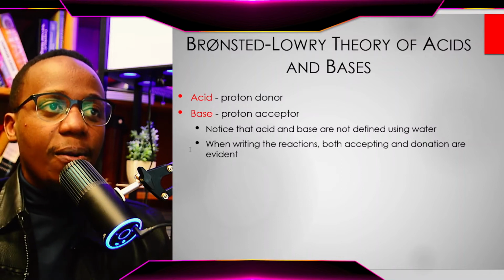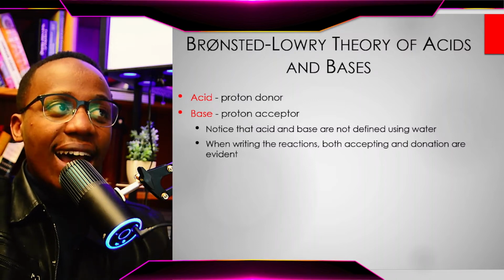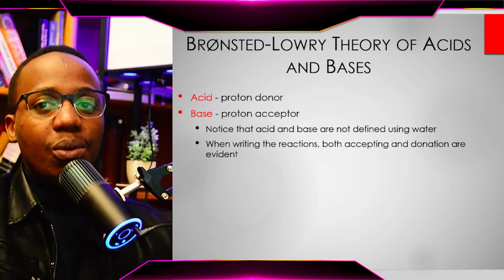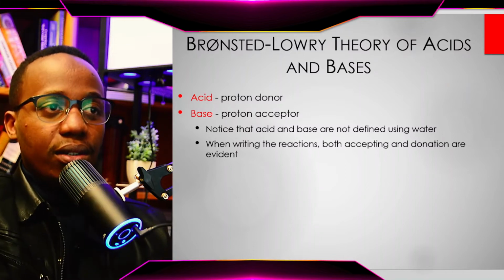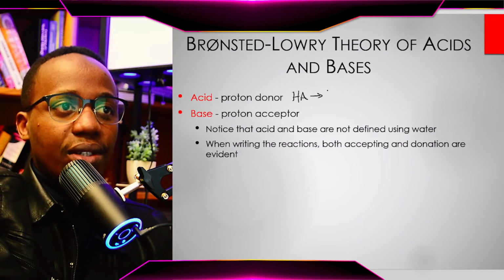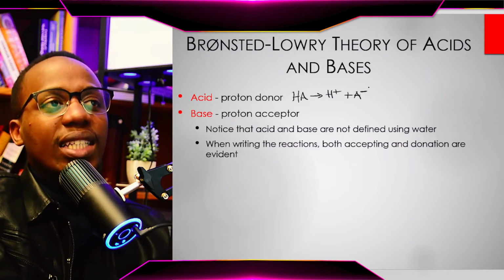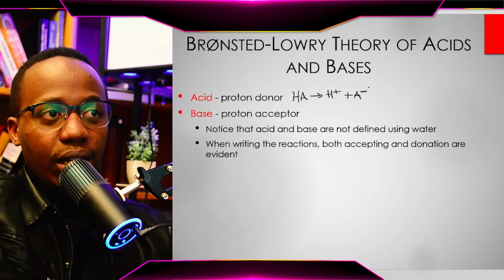They say that an acid is a proton donor. An acid is something that gives away a proton. It's the same as Arrhenius, right? So an acid, it will be HA, something that gives away H plus, which is a proton, plus A minus, right? This is according to Bronsted and Lowry.